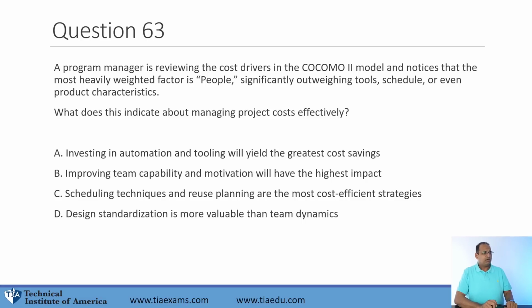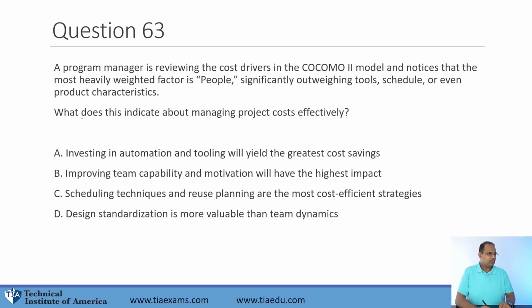Question: A program manager is reviewing the cost drivers in the COCOMO model, that's the constructive cost model, and notices that the most heavily weighted factor is people, significantly outweighing tools, schedules, or even product characteristics. What does this indicate about managing cost effectively?